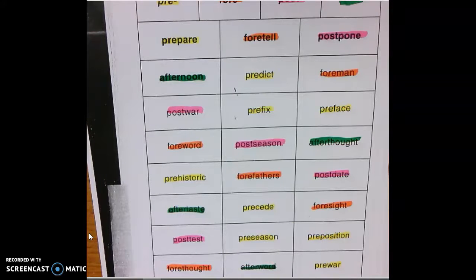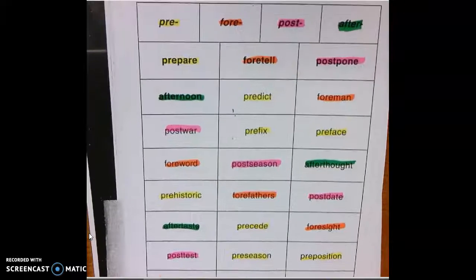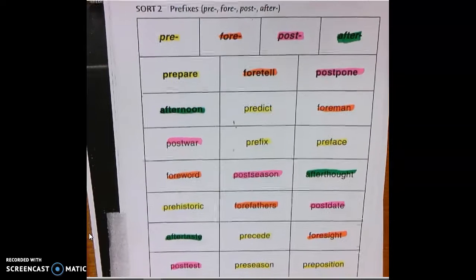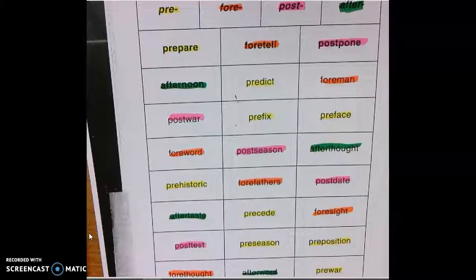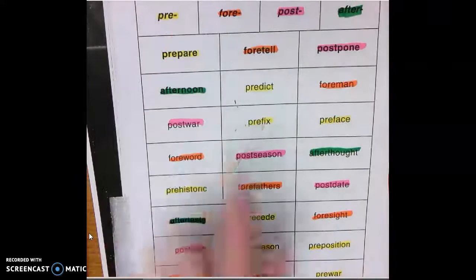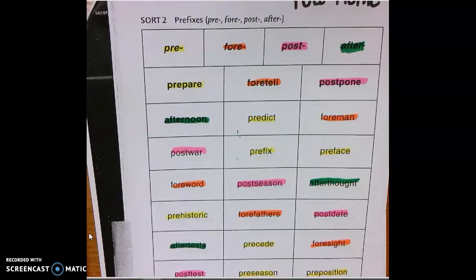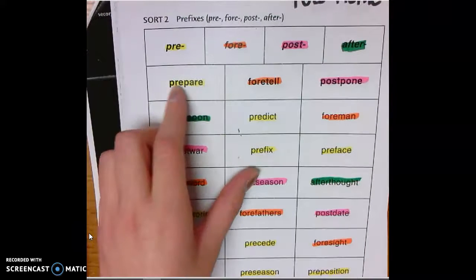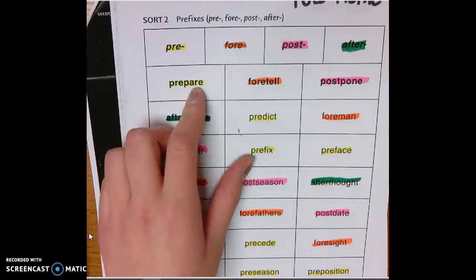Okay, so now that we've gone through and highlighted all of our prefixes and talked about each one, hopefully this will help you when you're thinking about the spelling and the meaning of the words. Make sure that you have all of your words highlighted and sorted to match their prefix. Again, just to review, pre means before, like prepare something before it happens.